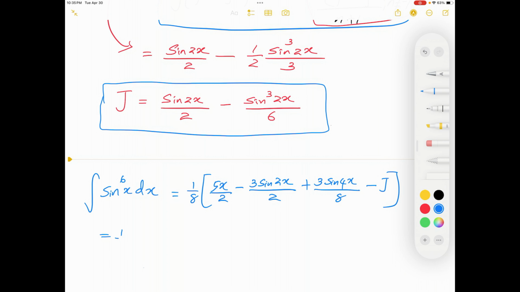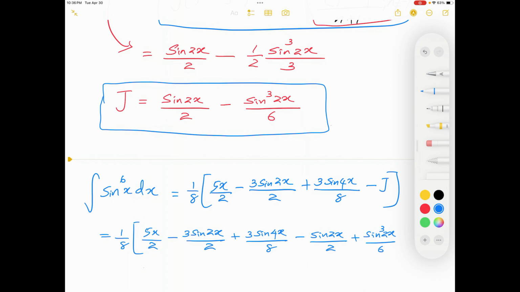Our final answer will be therefore equal to 1/8 bracket 5x over 2 minus 3 sine 2x over 2 plus 3 sine 4x over 8, and we have minus j. Therefore, it will become minus sine 2x over 2 plus sine cubed 2x over 6, close the bracket, and of course there will be a plus c. That's our final answer for this example.